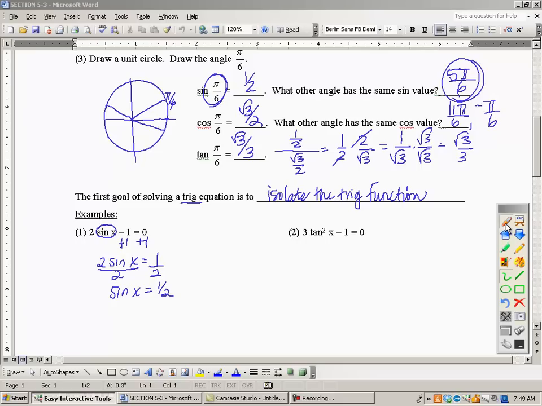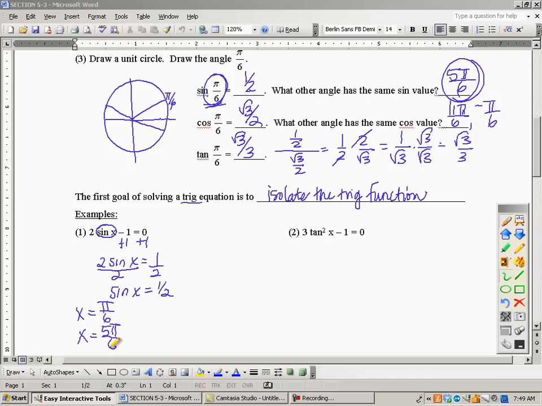So we need to look at the fact that the sine of x is 1/2, and we just showed in 2 different places, at pi over 6 and at 5 pi over 6. And so what we're saying is x equals pi over 6, and I'm going to write these separate for a reason, 5 pi over 6. So I look at the 2 places on the unit circle where I can get that angle.